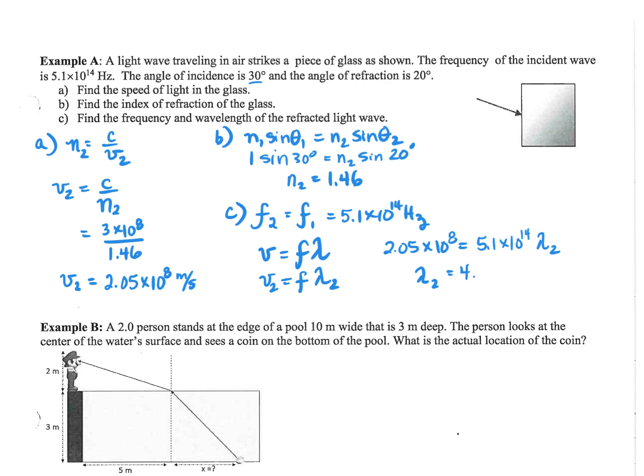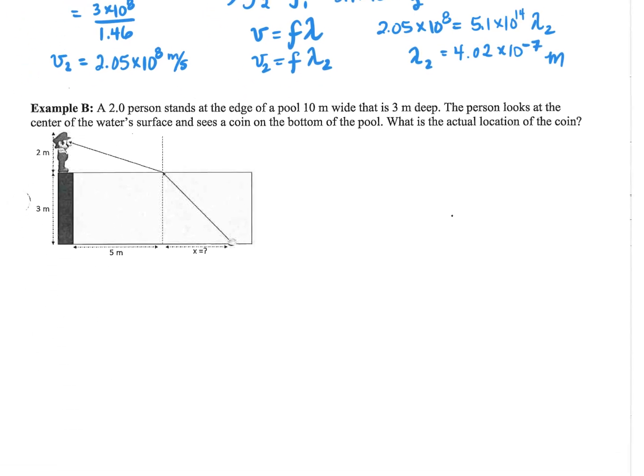Yep, 4.02 times 10 to the negative 7th. And that is what? Wavelength is in meters. Okay? Frequency is in hertz. All right, so let's look at example B.